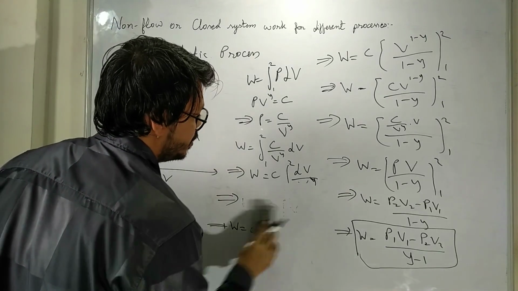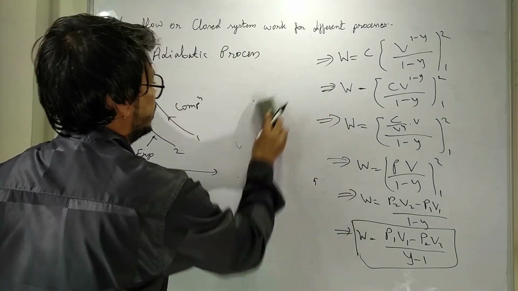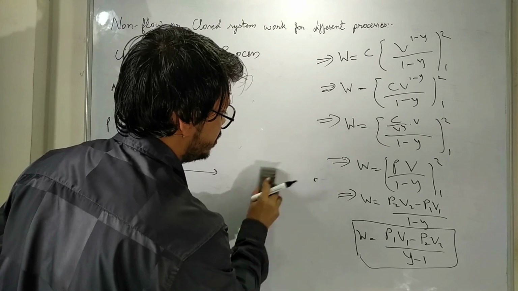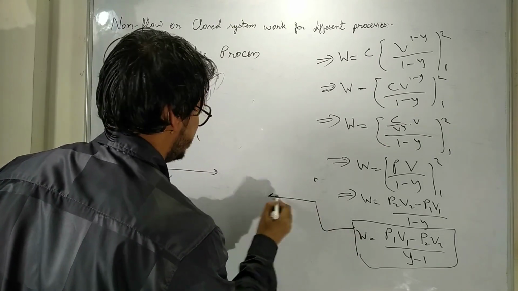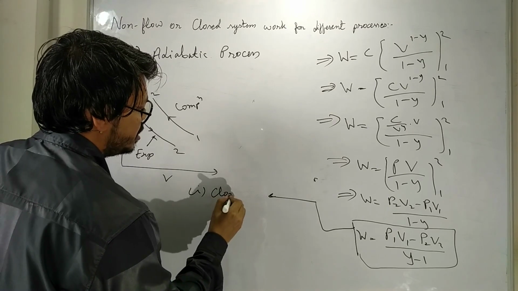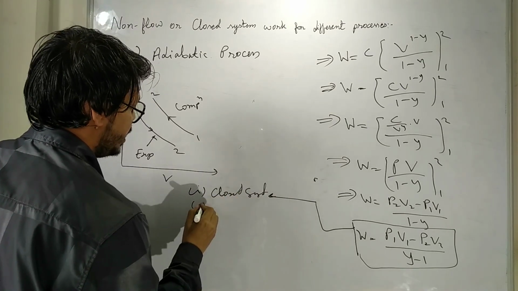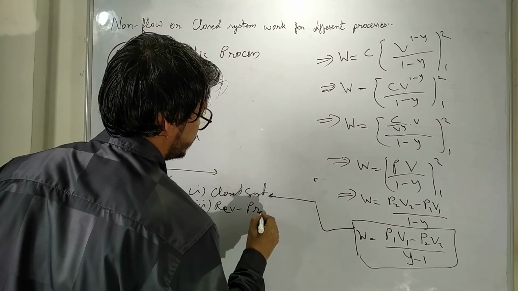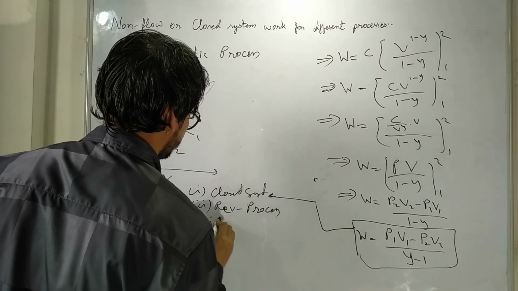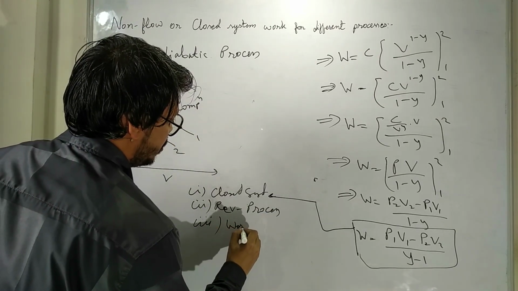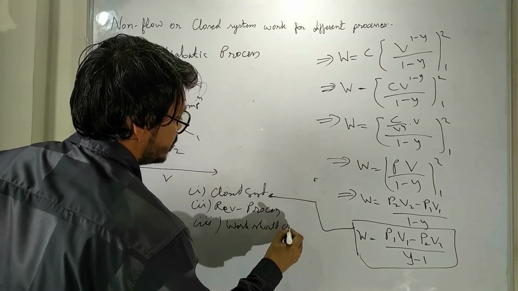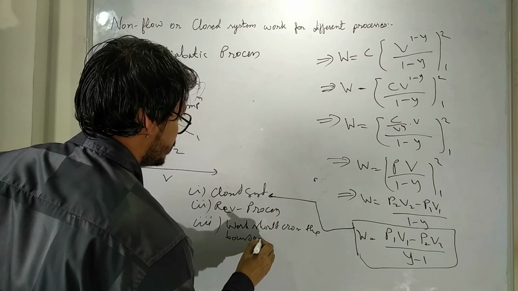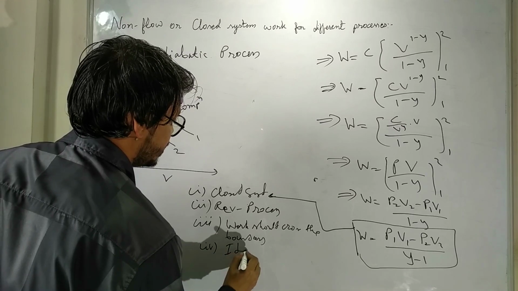So for this equation we have the assumptions: first, closed system; second, reversible adiabatic process; third, work should cross the boundary; and the fourth one is ideal gas.